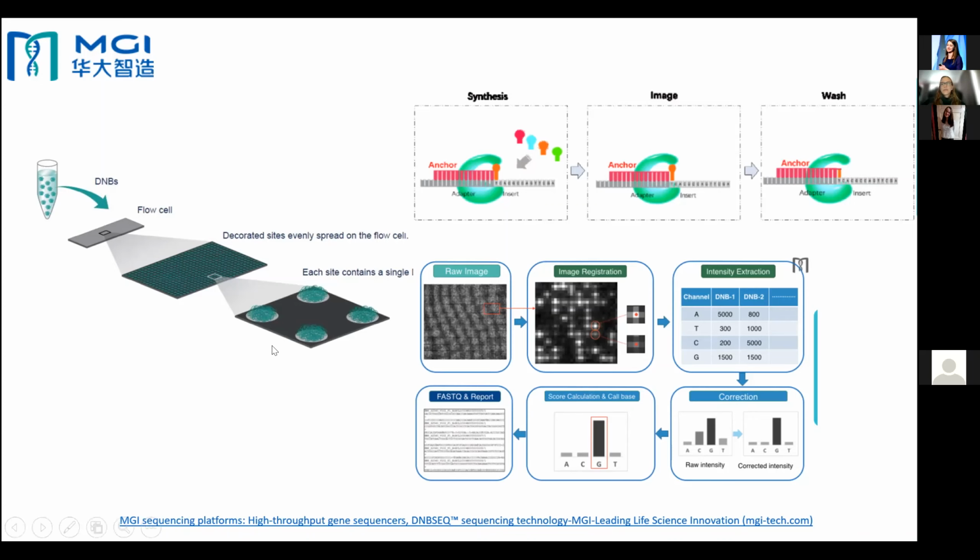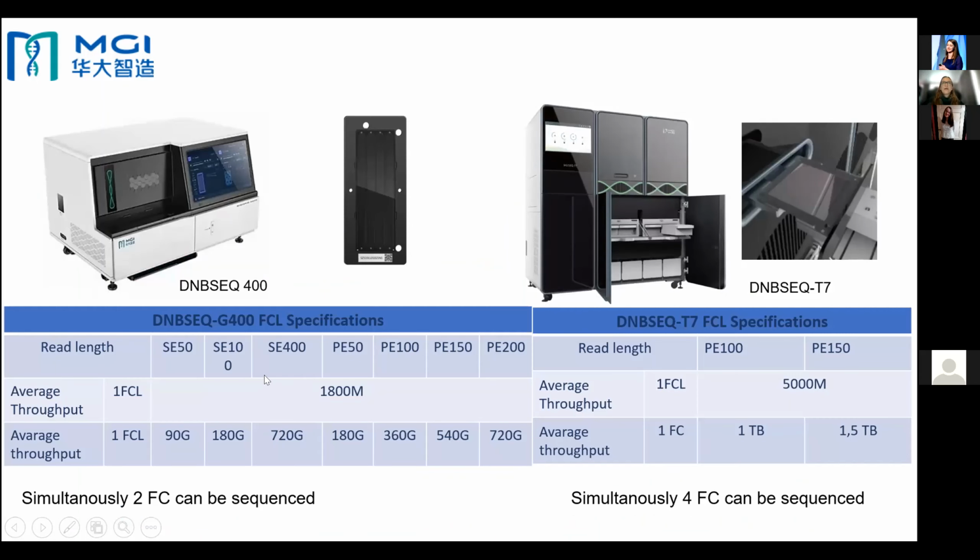More about this technology we'll probably hear in the video after this lecture. Here are some of the sequencers offered by DNBSEQ. Depending on the needs, different sequencers are more suitable for different applications.